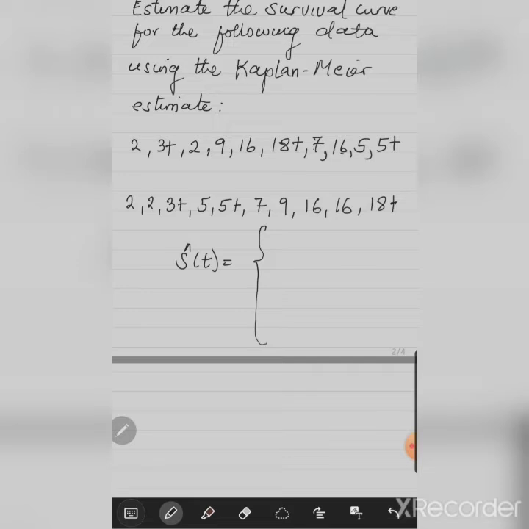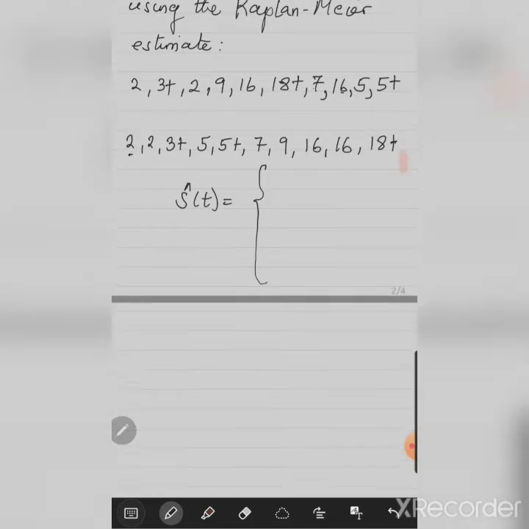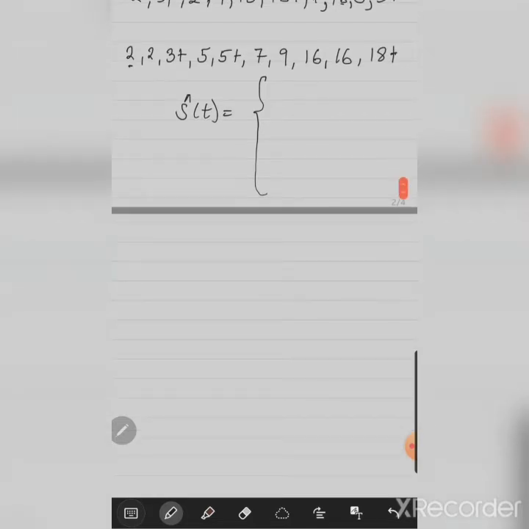The first event time in my sample data is at time 2. So I'm going to estimate the survival curve at S-hat of 2, and plug this into the formula. I want the product over x_j less than or equal to 2 of 1 minus d_j over y_j.